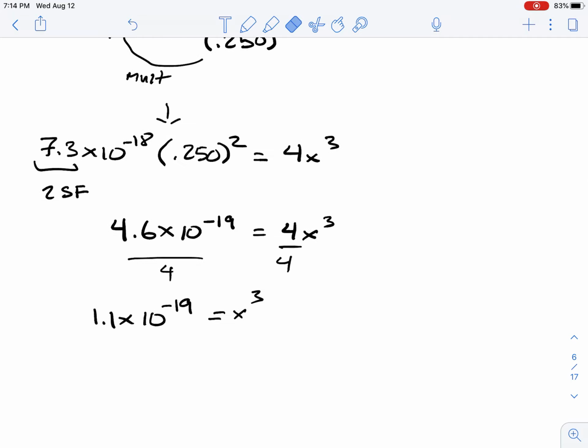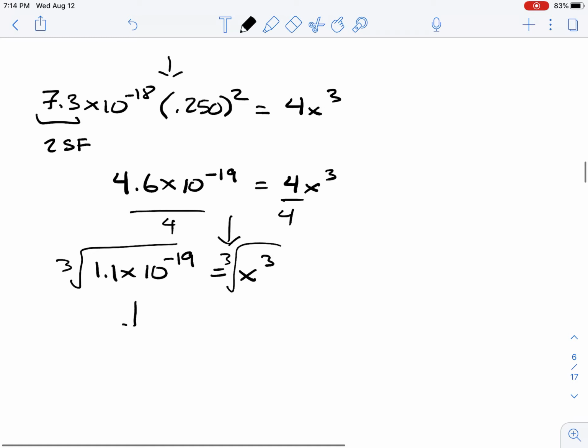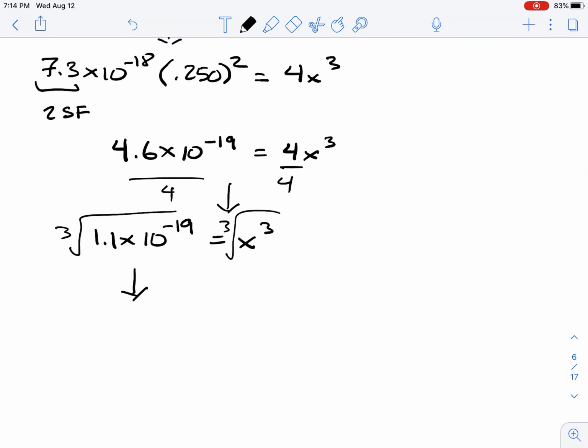And so from here, let me just clean up my writing a little bit. I'm going to go ahead and take the third root of both sides. And so in your calculator, if you don't know how to type in a third root, you can go ahead and put in parentheses 1.1 times 10 to the negative 19, and then put that caret sign, and then put in another parentheses 1 divided by 3.